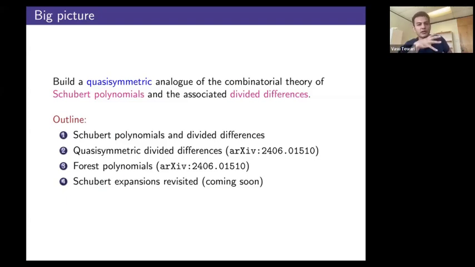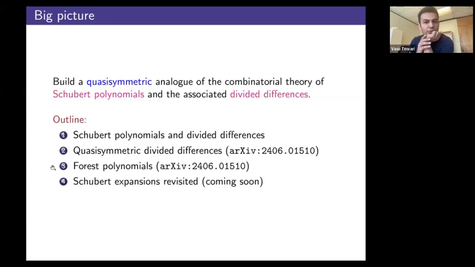Somehow the theory of Schubert polynomials is tied in with symmetric polynomials, informally because Schubert polynomials are generalizations of Schur polynomials. And so one could inquire, is there a parallel story which involves quasi-symmetric polynomials? My intention is to convince you that the answer is yes.